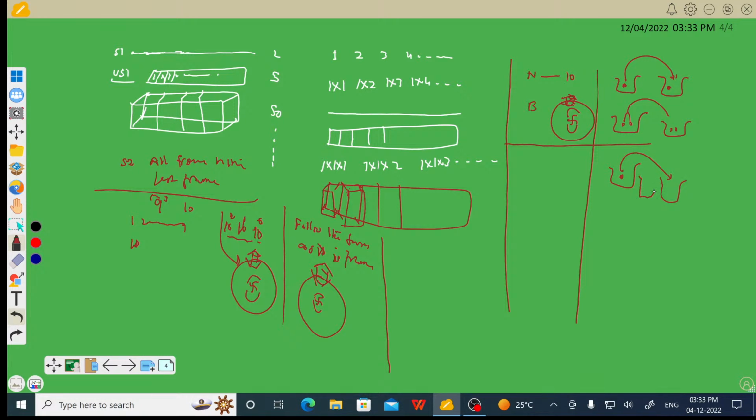And likewise, instead of taking one pebble at a time, we can have a pair of pebbles being taken, or any number of pebbles being taken.